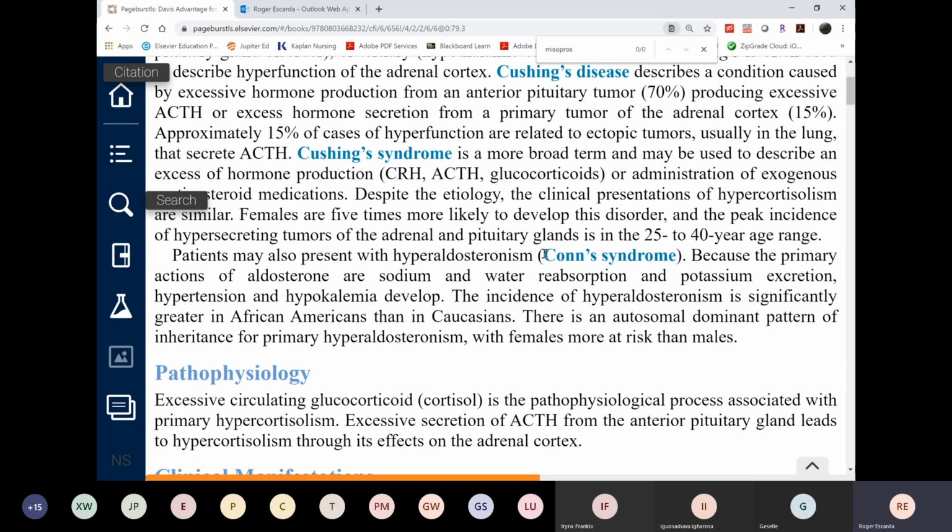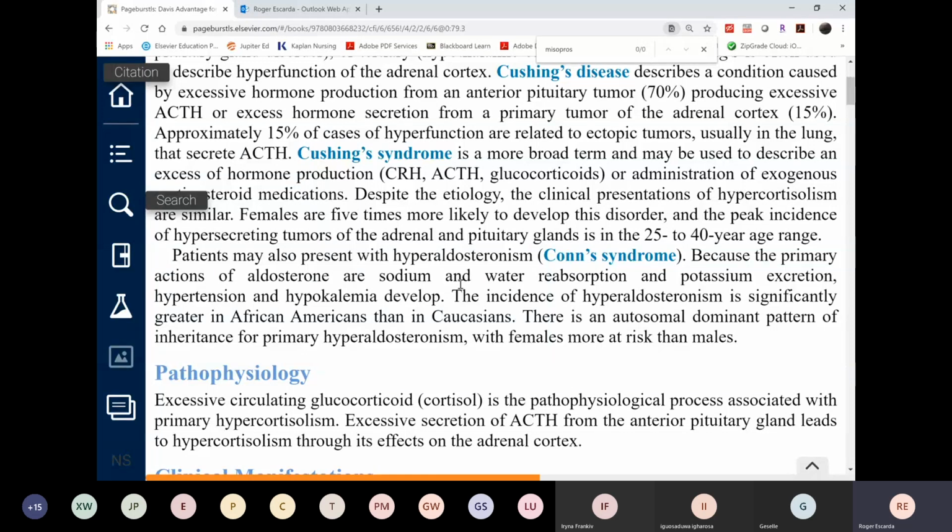This is a different problem, Conn syndrome, which since this only affects aldosterone, the patient will therefore have high sodium, high water volume in the blood. So they'll have hypernatremia, they'll have hypertension, like severe hypertension, and because they have higher sodium, they have lower potassium.